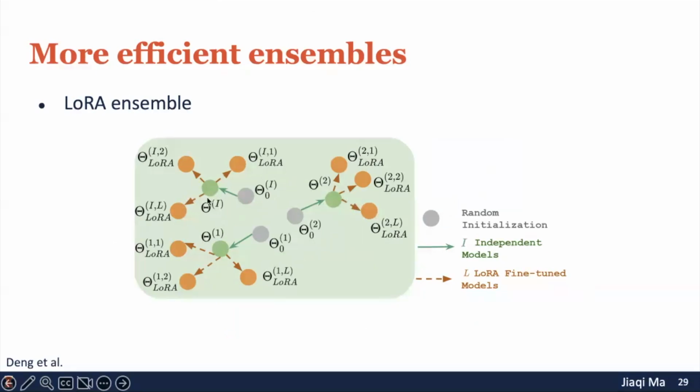On top of that, we can do several LoRA fine-tuning runs to obtain some slightly different models in comparison to the original model. Then we can use these LoRA fine-tuned models in our Ensemble, and that also improves performance.